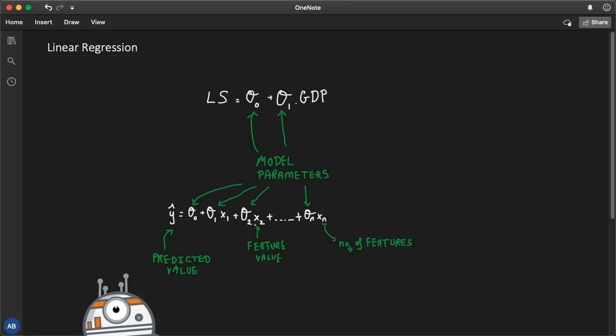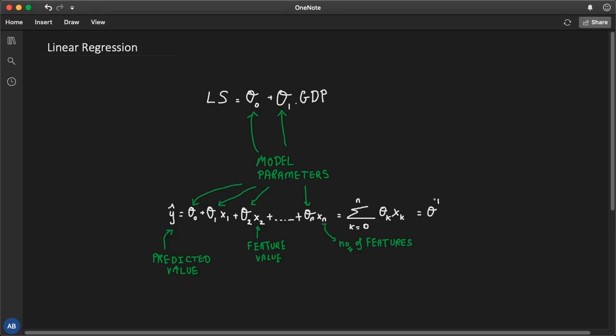Now, if you take a look at this model, it looks pretty messed up, because you have a sum and you're expressing each and every term as an expanded sum. So you can actually write this as the sum of theta k xk, that is theta transpose x, where theta contains all the values theta i, so theta 0, theta 1, theta 2, down to theta n.